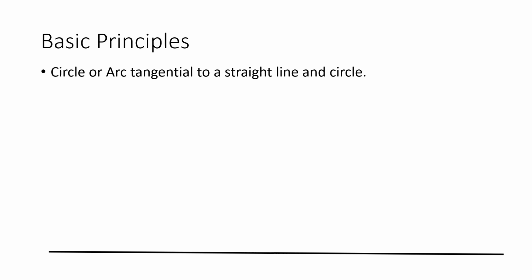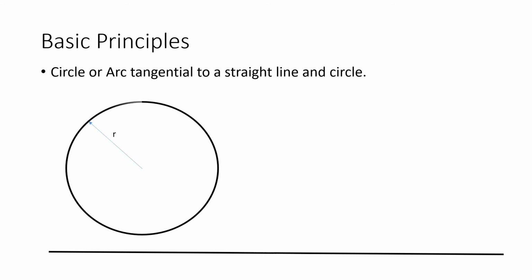Another basic principle: we want to get a circle arc tangential to a straight line and tangential to a circle. If I have a line and a circle, and I wanted to get a circle of radius big R, it is going to be tangential to both the line and the circle.